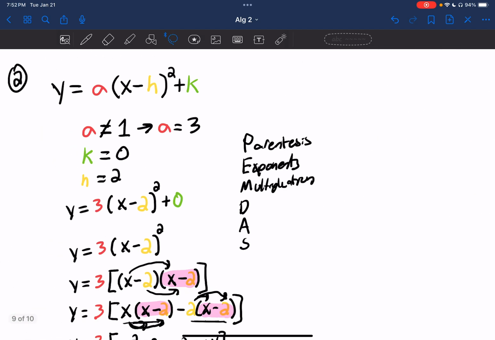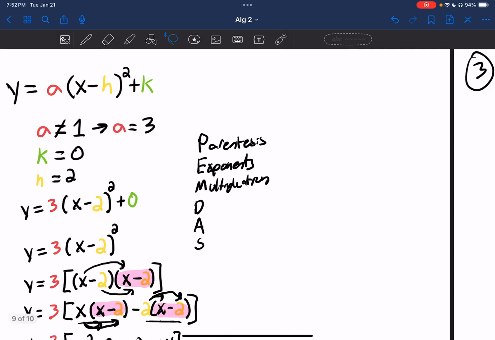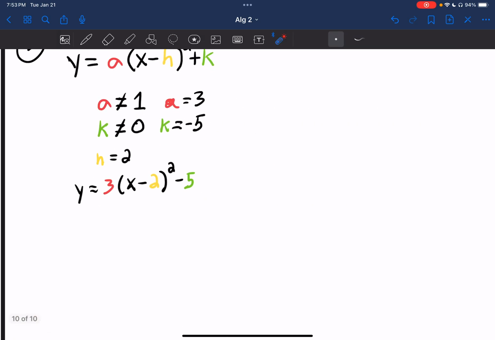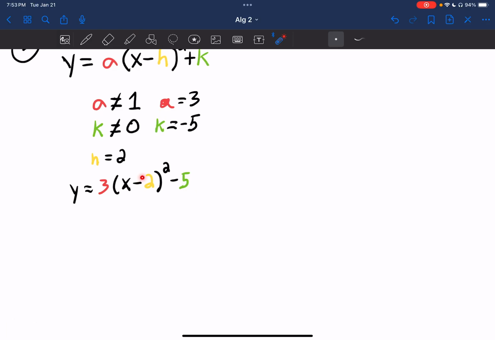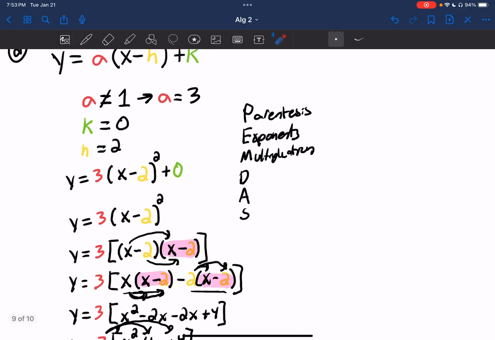Okay. Well, based on what we did in the last problem, we know what the first two steps are going to be. First, we're going to double distribute to deal with the x minus 2 squared. Exponents first. Then we're going to multiply by 3, the multiplication times whatever we got on the inside. Now we get to go down further.